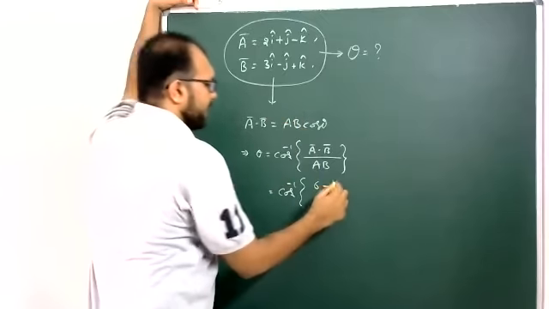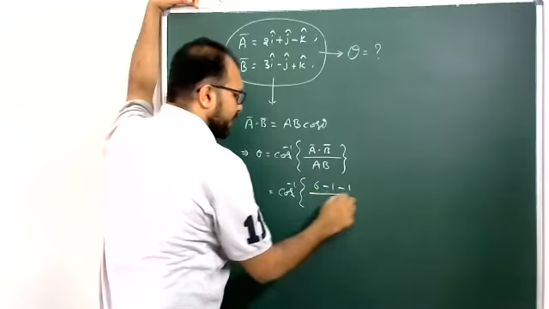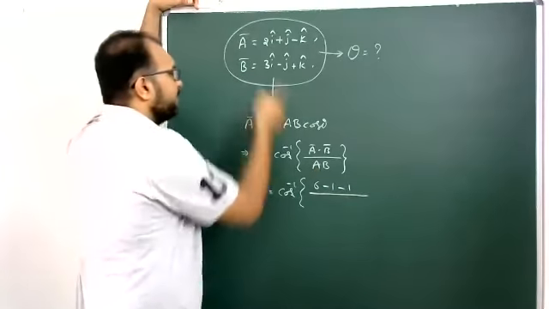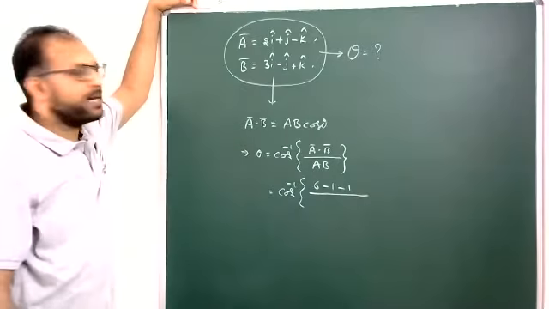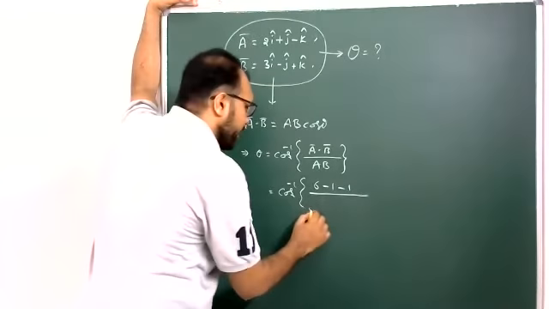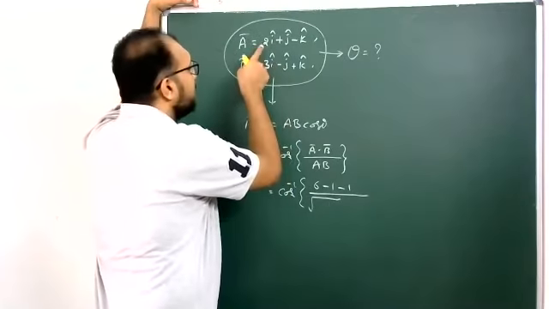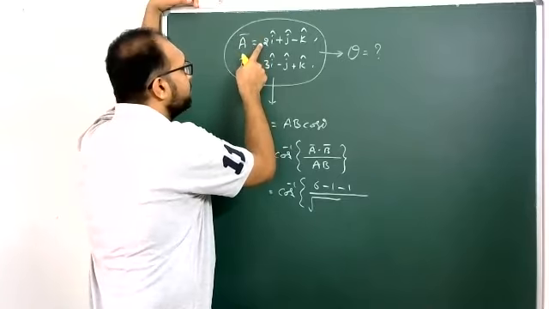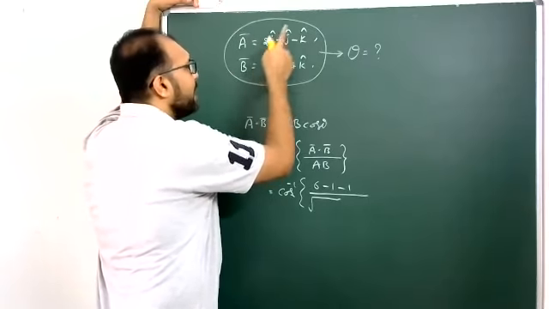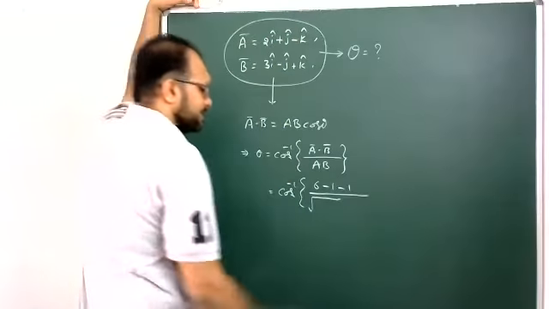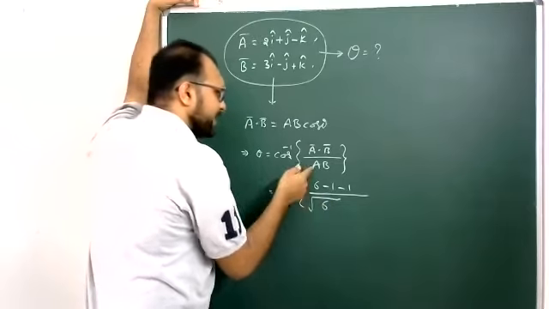Divided by A, that is the magnitude of A bar. Magnitude of A bar is under root 2 square 4, plus 1, 5, plus 1, 6. Root 6 is A.